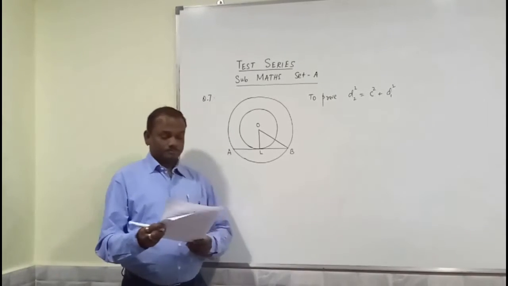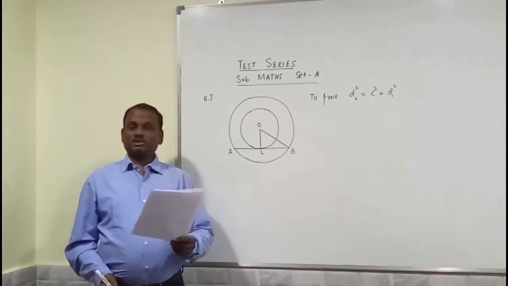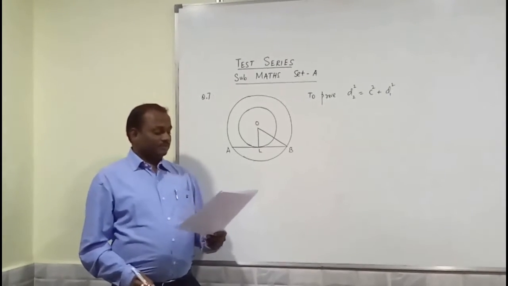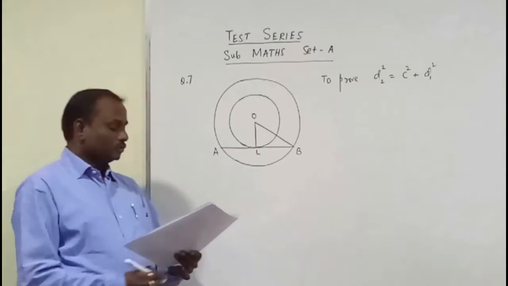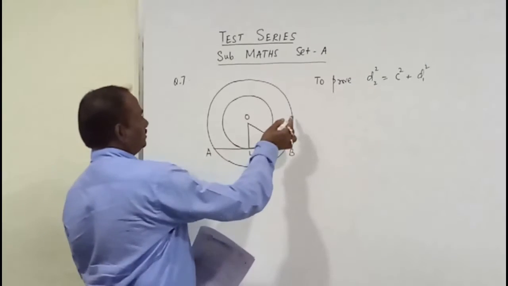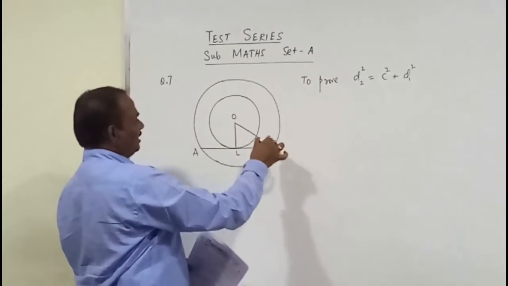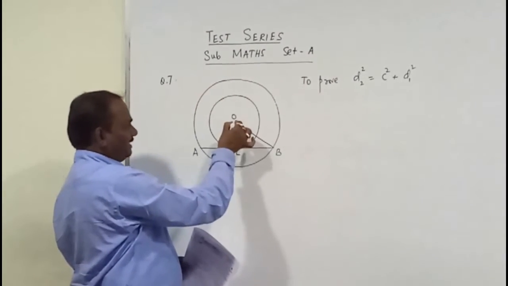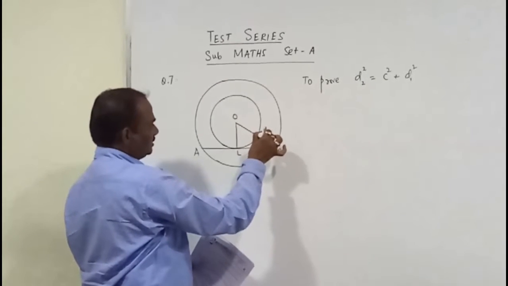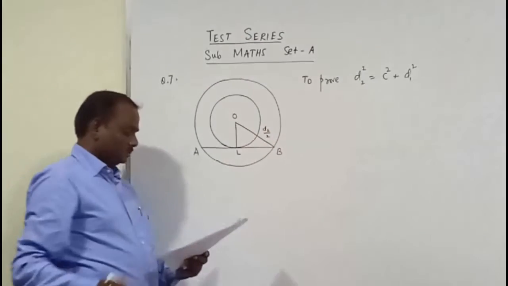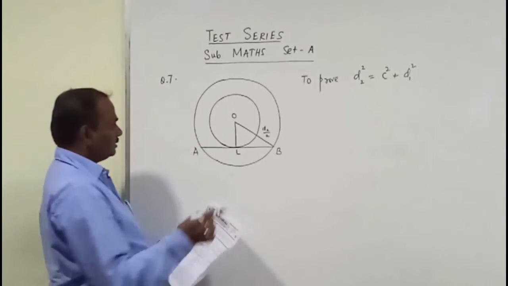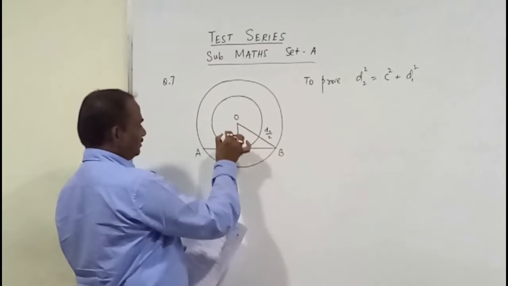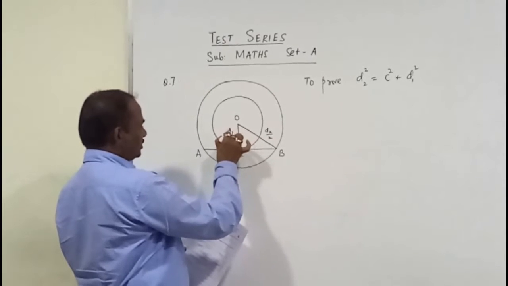Question number 7. Now this question says, if d2 is greater than d1 is given. So this is the bigger circle, so its diameter is d2. This radius will be obviously d2 by 2, and d1 is the diameter of the smaller circle, so its radius will be d1 by 2.